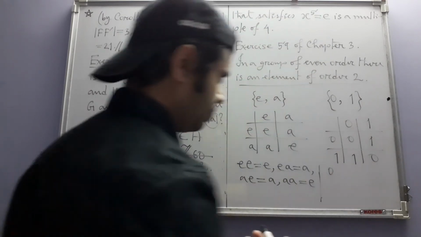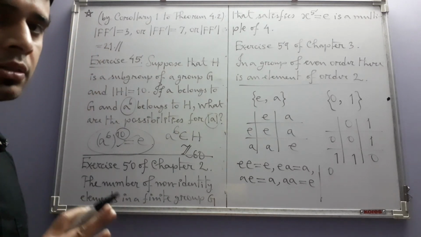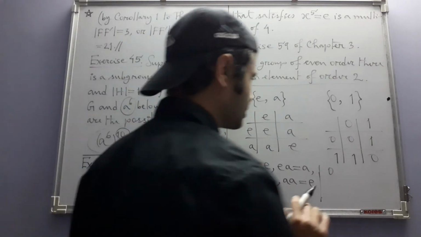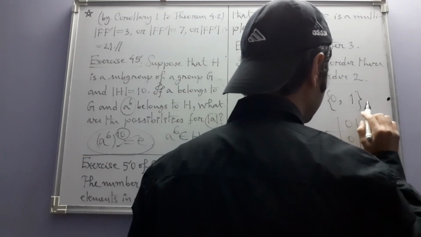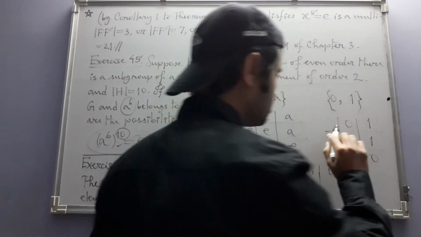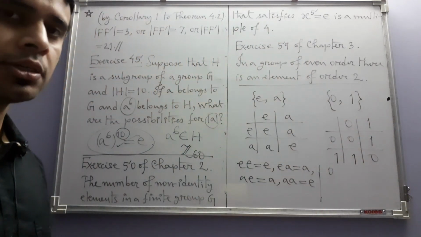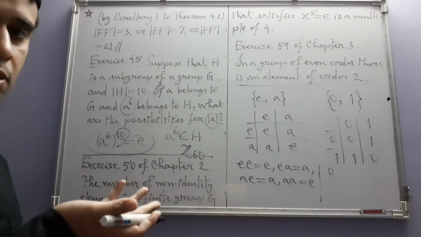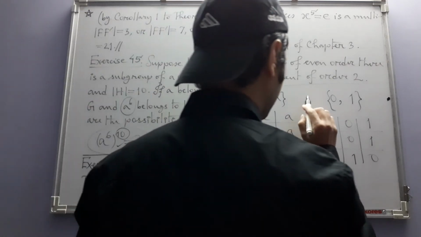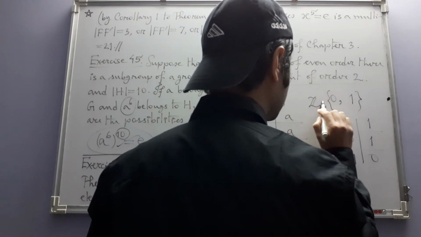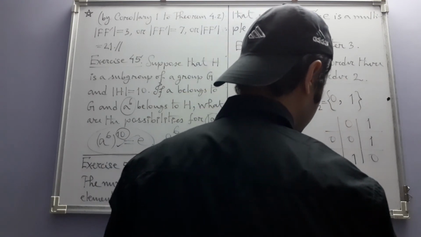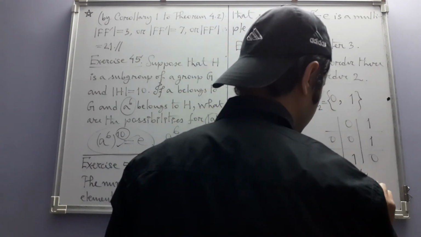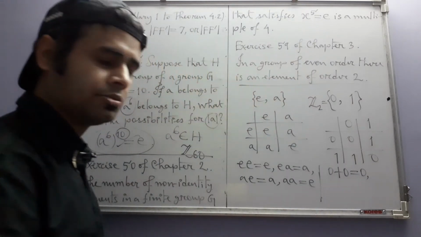Say we have used, to be somewhat concrete, addition modulo 2 because that's what it looks like. No, this is actually C2. So 0 plus 0 is 0. So that's why I am using plus.